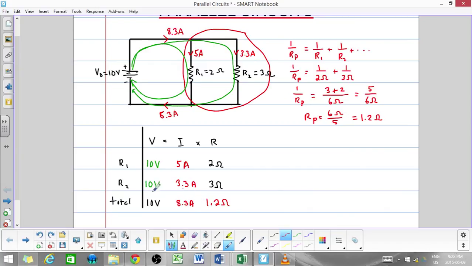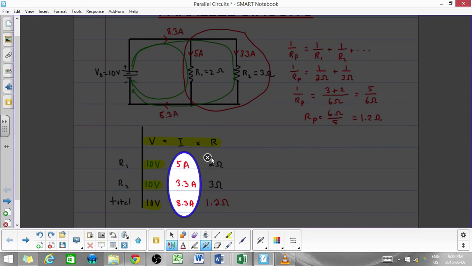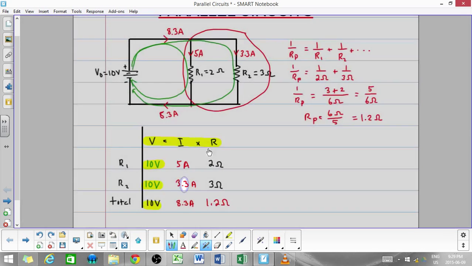So your relationships here, of course, Ohm's law, as always, applies through every resistor and the circuit as a whole. You get the same voltage across each load as you have at the source. You also know that the currents in the branches have to add up to the total current in the circuit.